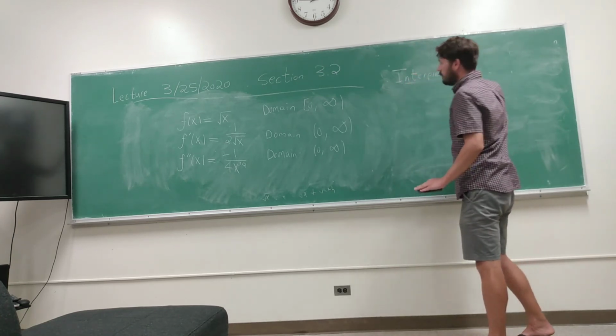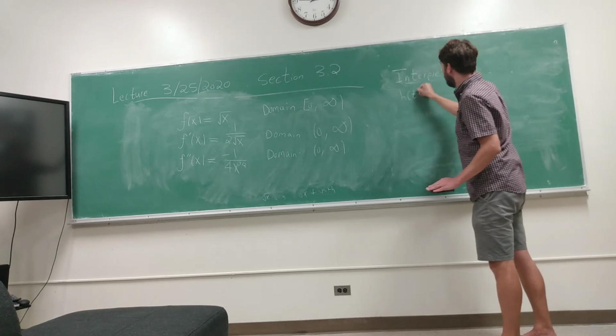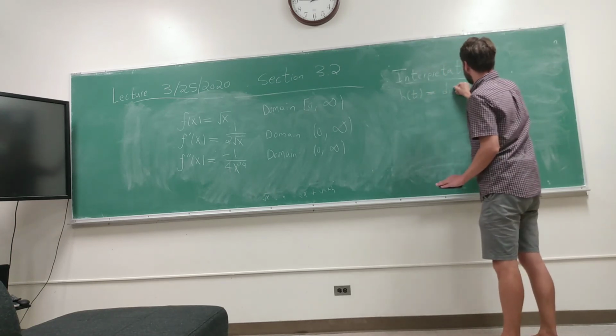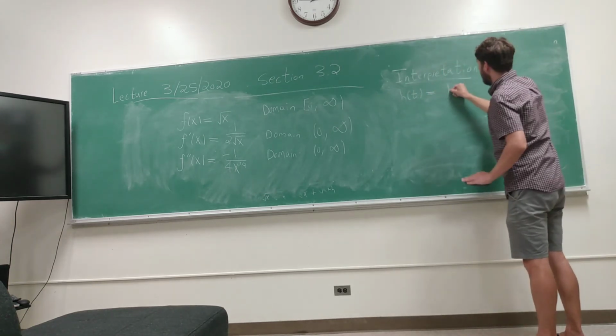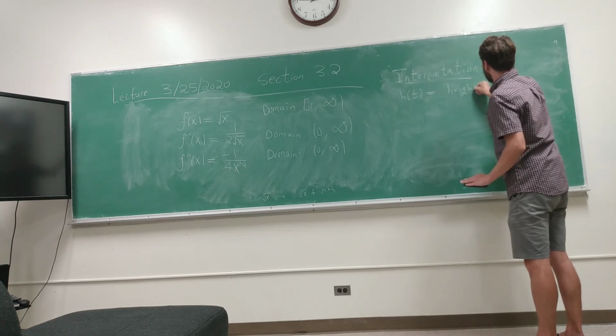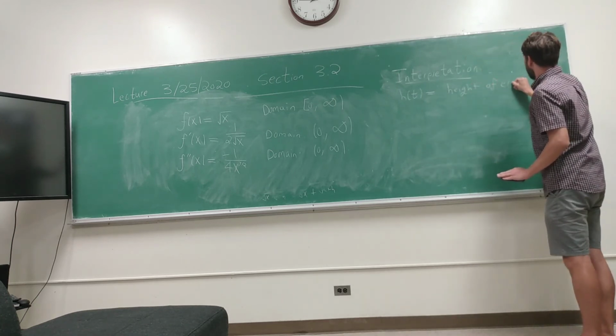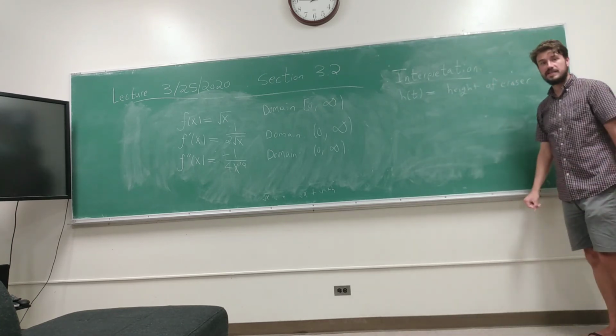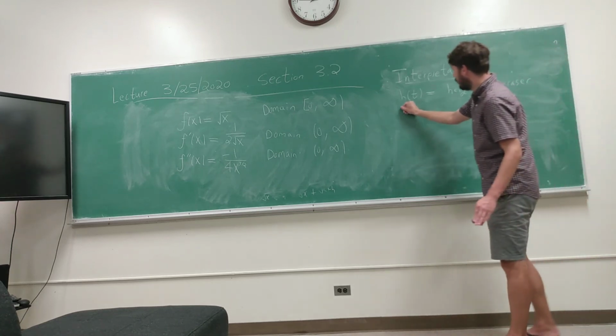We saw this before, right? h of t is the height of the eraser t seconds after it was dropped.